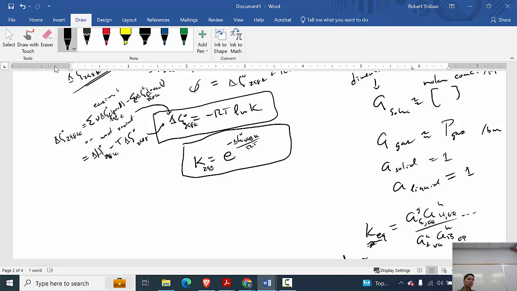Do you guys remember the Clausius-Clapeyron equation? The Clausius-Clapeyron equation had a very similar form to this. It was an exponential function. And so we're going to come up with an analogous function here, and that's going to be this.